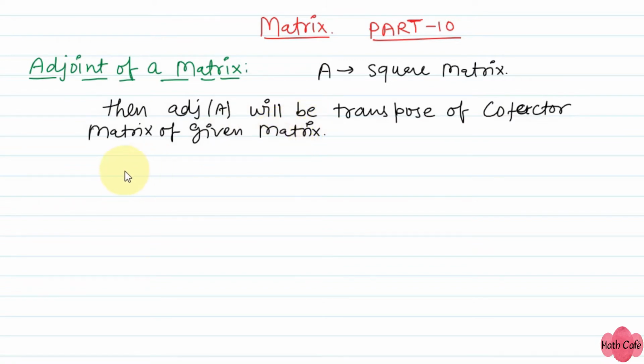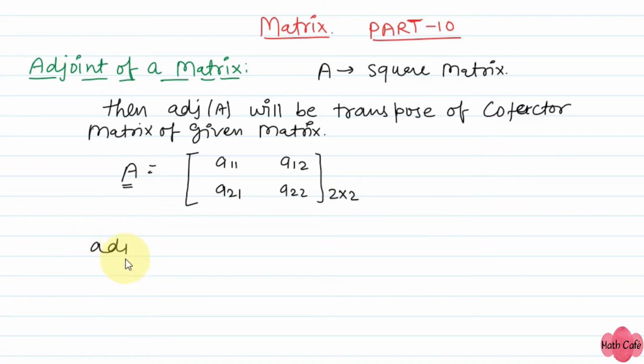Alright, so let's say A is given to us as A11, A12, A21 and A22. So this is a 2 cross 2 square matrix. So we will find the adjoint for this matrix.